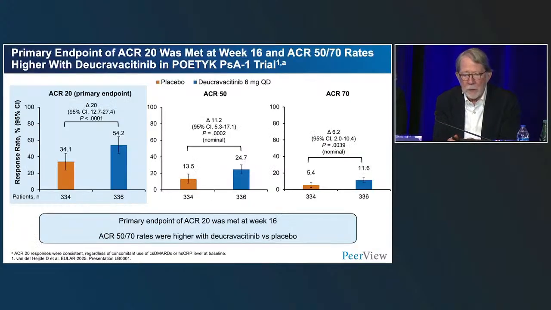Here are the outcomes. So ACR 20 response was similar to what we saw in the PSA-2 trial, as well as ACR 50 and 70 responses, shown here in bar graph format.